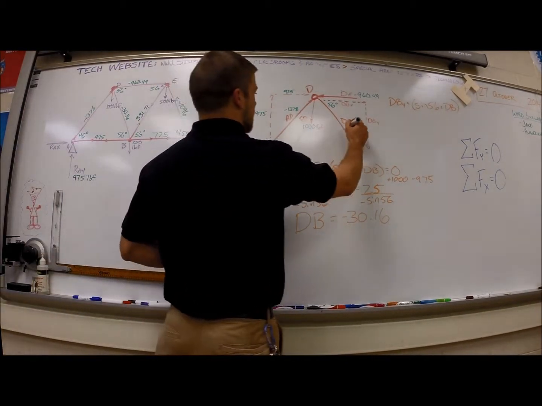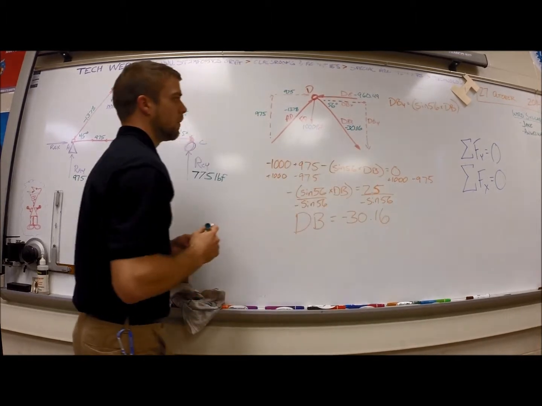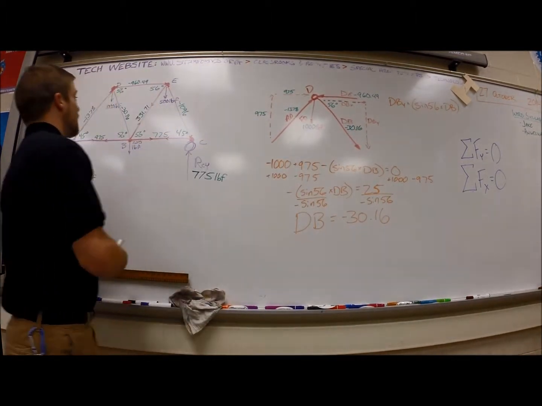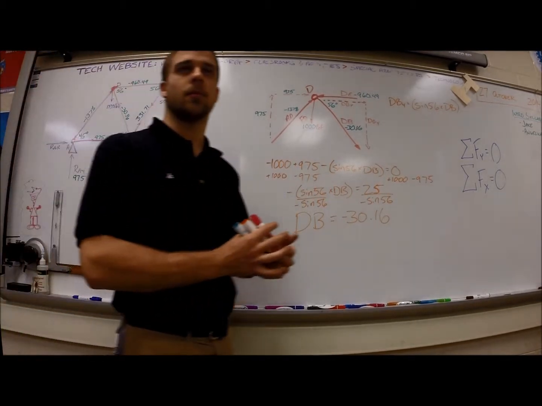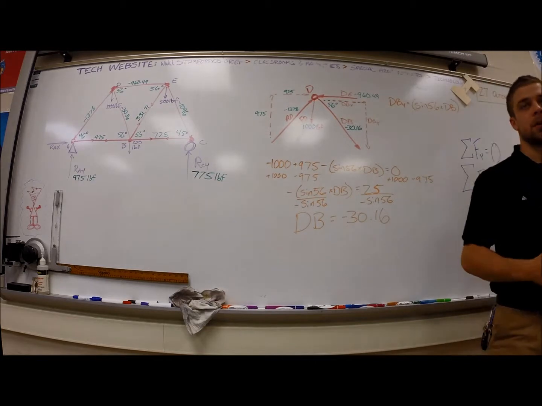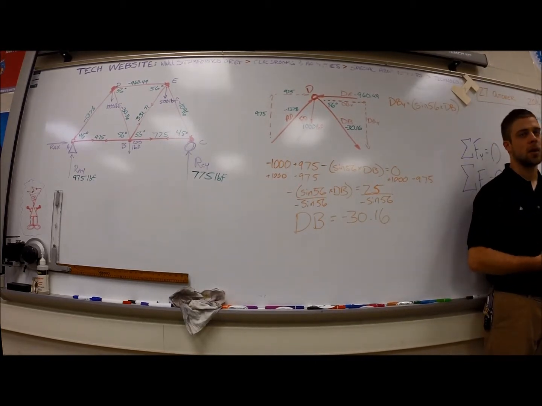Updating my free body diagram, that's about my last order of business here, 30.16. I've got a force value for every member of the truss. It's done. That's why I did this problem, to figure out what was the force being applied to every member of the truss, and we've got it.